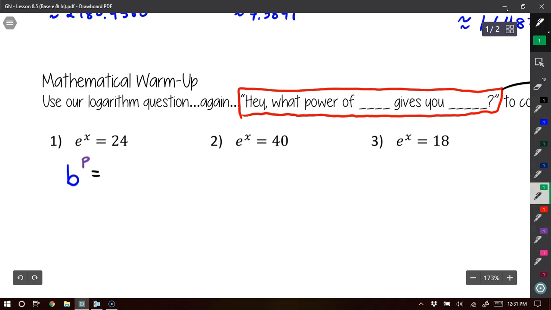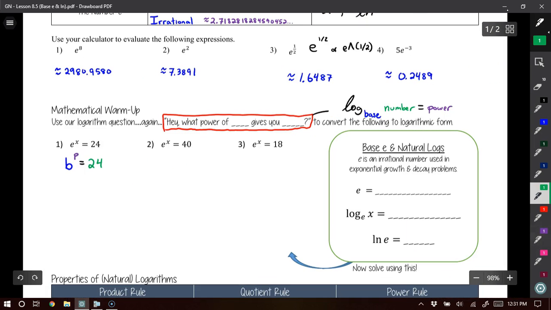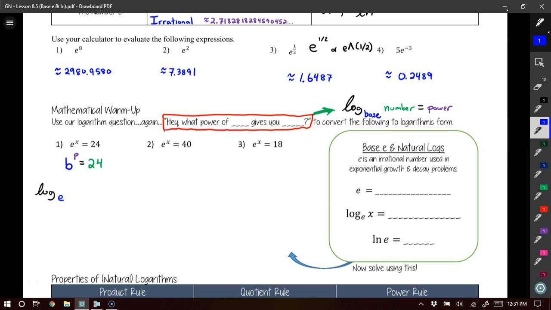24 is my number. So I can convert it using the same definition we've always used before. I'm going to write down log. Now in this case, my base is e. We used to put a number there. Now it's just the letter e.